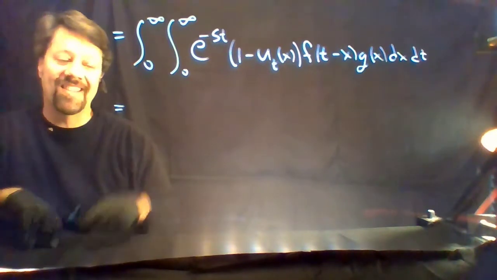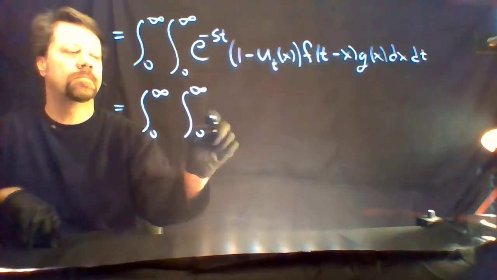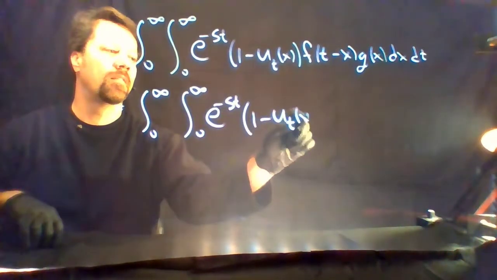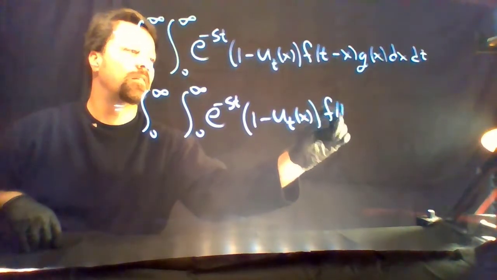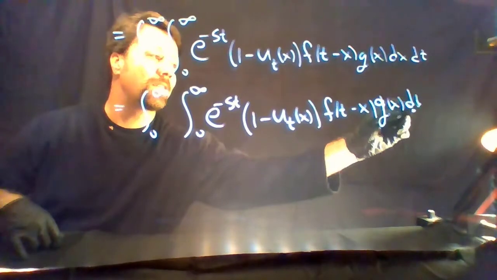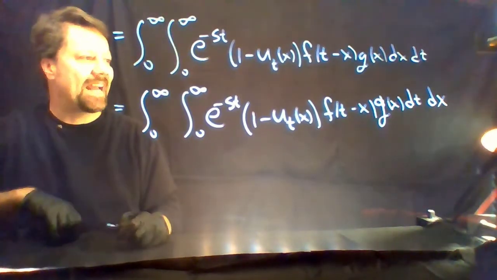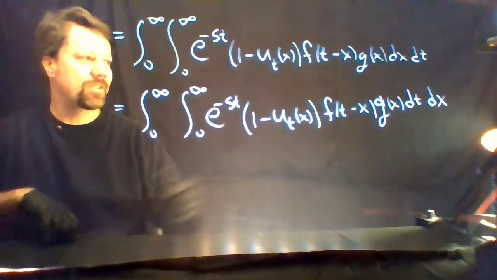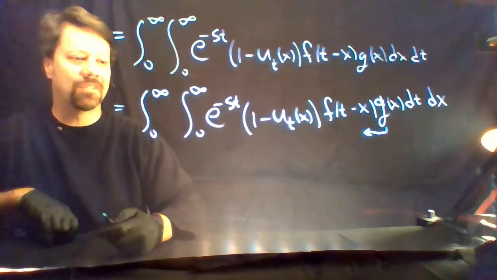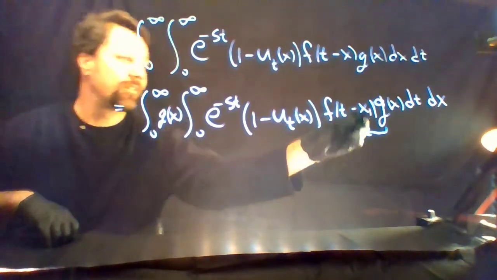The only thing that changes is the differentials at the very end. Now we're integrating with respect to t first, which allows us to move the g of x out of the integral to this spot here.